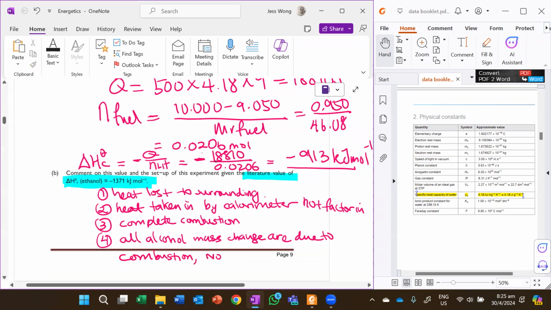So there is no evaporation loss, no alcohol loss via evaporation. Okay, so this is an example of combustion.